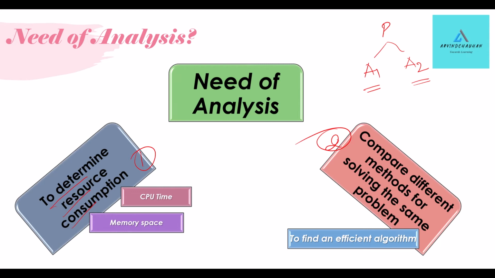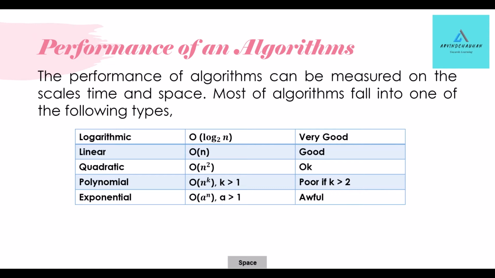As I told, for problem P1 we have two algorithms A1 and A2. Resource consumption means CPU time and memory space. Comparing different methods for solving the same problem means we have to find the efficient algorithm. So that is the need of analysis.